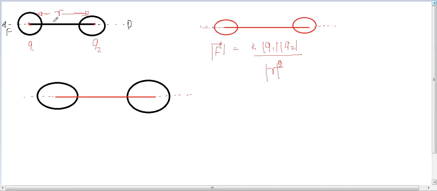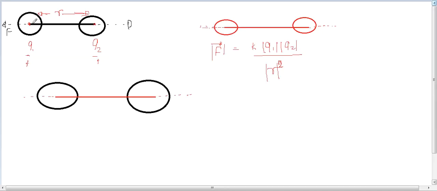If q1 is positive and q2 is positive, they are going to repel each other. To understand this, first find the center of each charge, then join these two points to form a line.